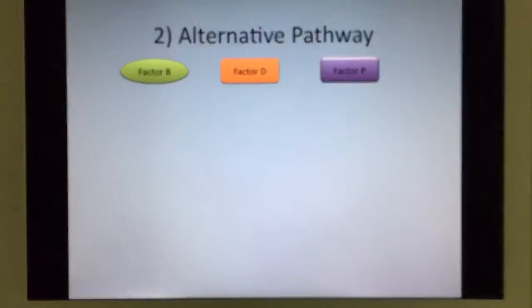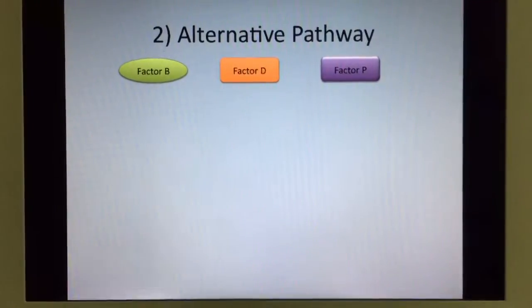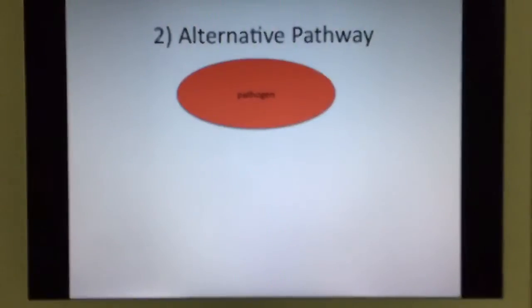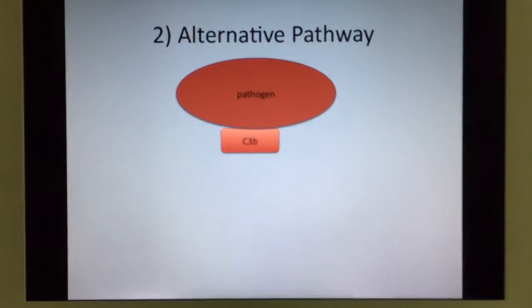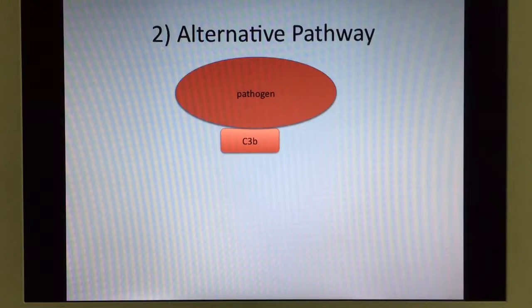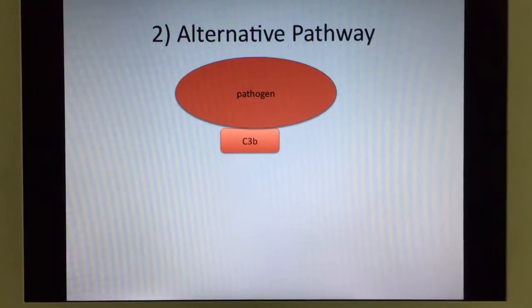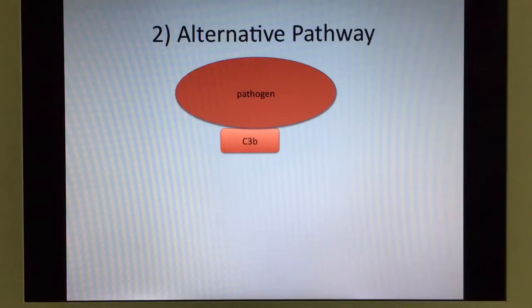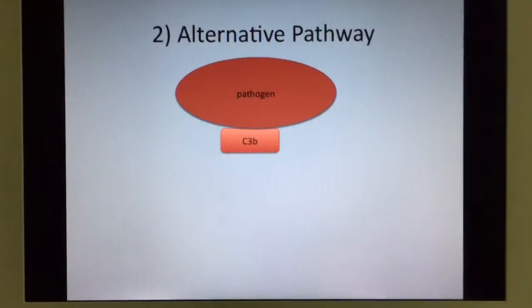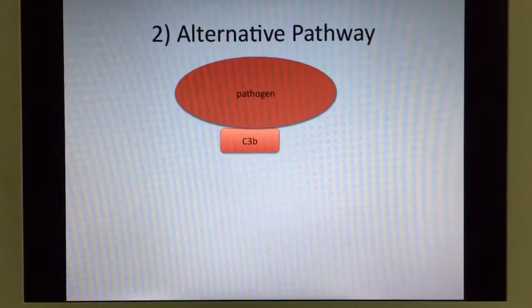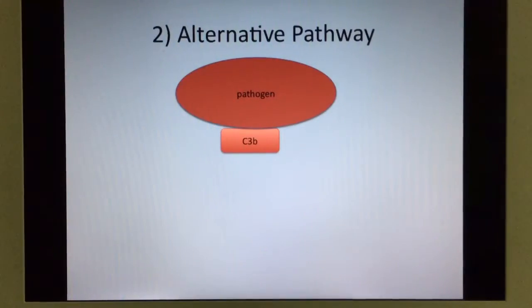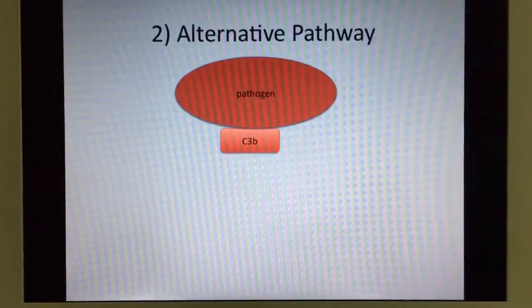Factors B, D, and P are involved in the alternative pathway. The alternative pathway is generated through spontaneous hydrolysis of C3 to C3b. C3b will remain bound to the pathogen surface while C3a is already dissociated from C3b and the pathogen surface.